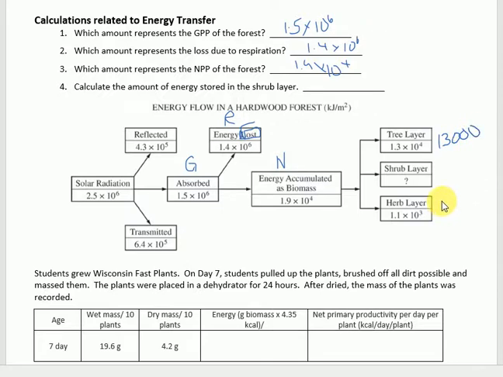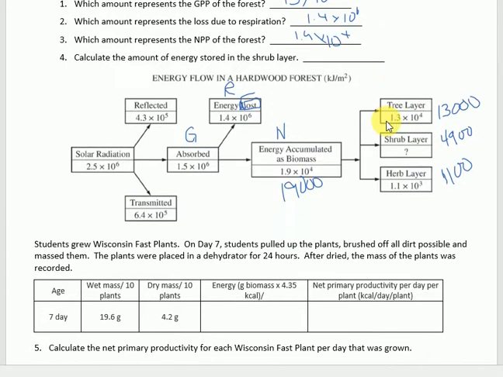The herb layer is 1,100. And we're taking that out of 19,000. So if you do the math, your answer is actually 4,900, or it could be 4.9 times 10 to the 3rd.